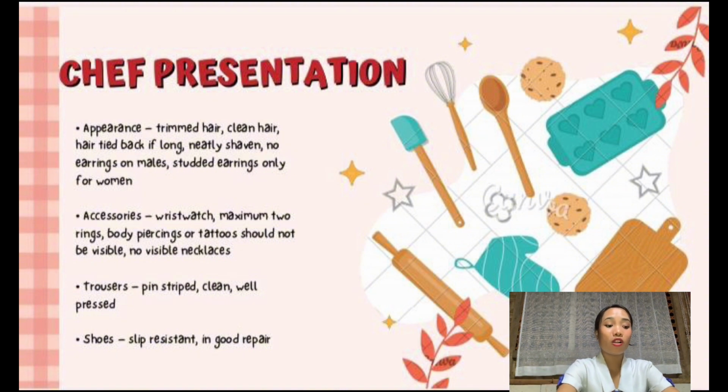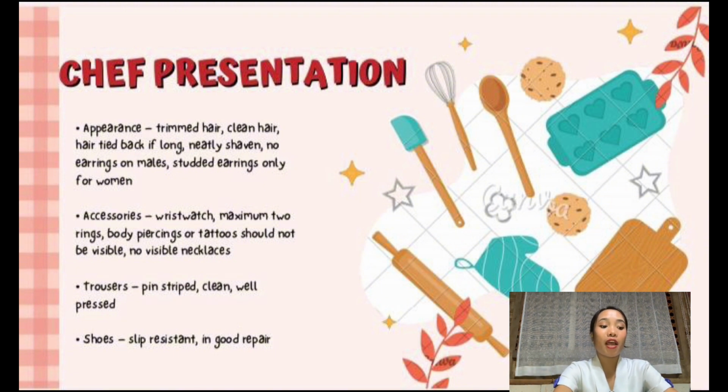So no visible necklaces. Another here is the trousers. Trousers must be pin strip, clean and well pressed. Another is the shoes. So shoes must be slip resistant and in good repair. So that is the presentation of a chef.